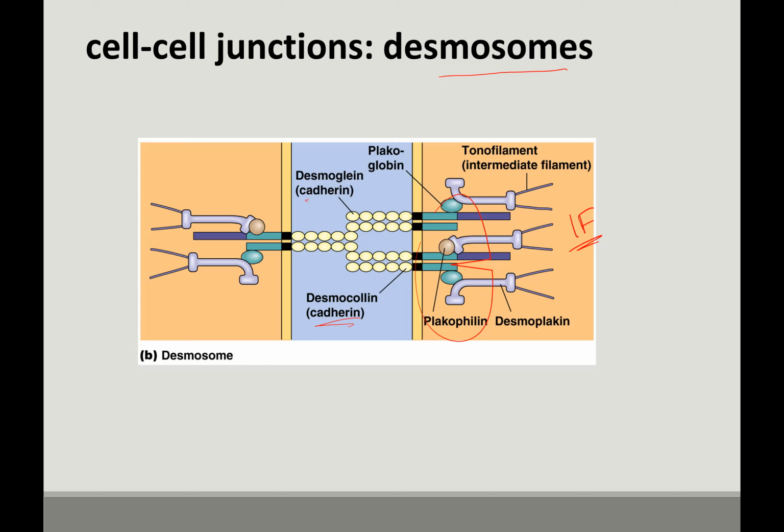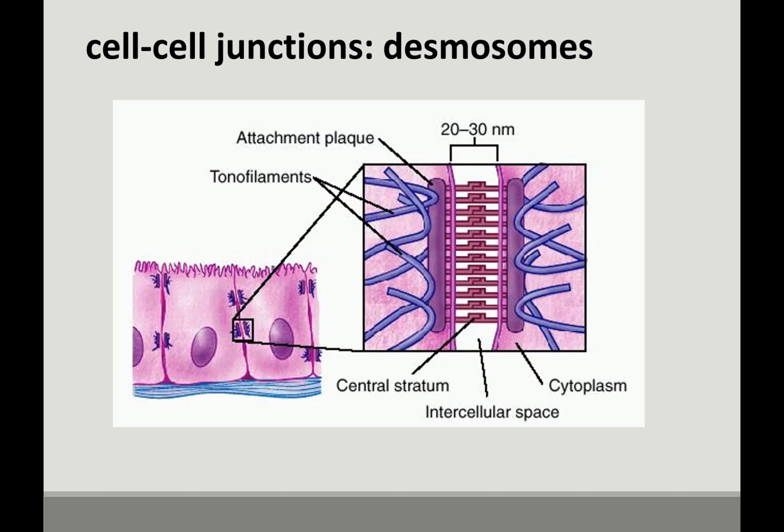These are found as what I like to call spot welds. Right? So they're these button-like, really strong adhesive, helping the cells stick together, function as a unit, resist stress. And this is showing a desmosome that we have something called a plaque.